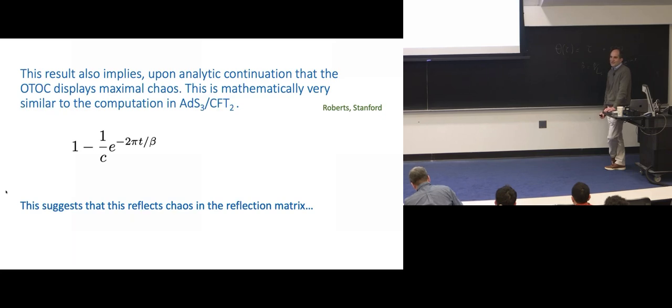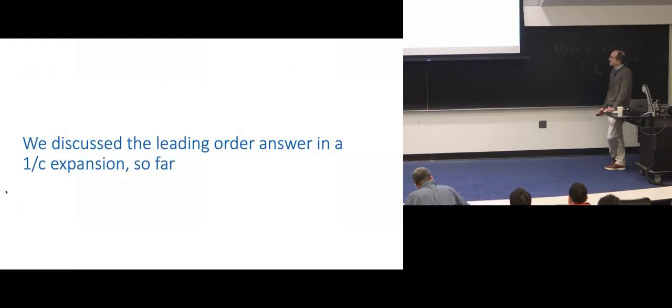This was perhaps not 100% obvious, because we expect maximal chaos whenever we have gravity, but here we have an action that got induced from the CFT. So it wasn't 100% obvious, but not completely unexpected. The mathematics leading to this is very similar to the mathematics that leads to maximal chaos in the AdS3 computation, where we have the identity conformal block exchanged.